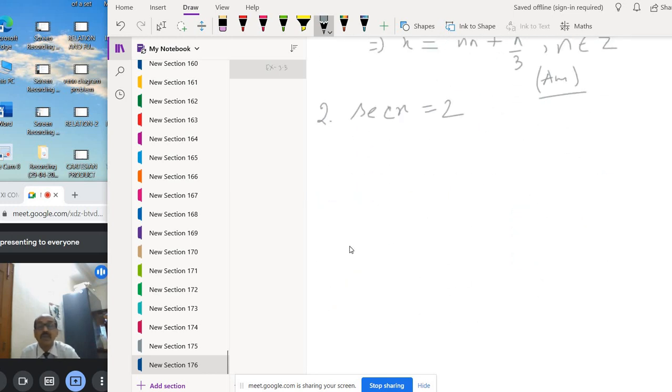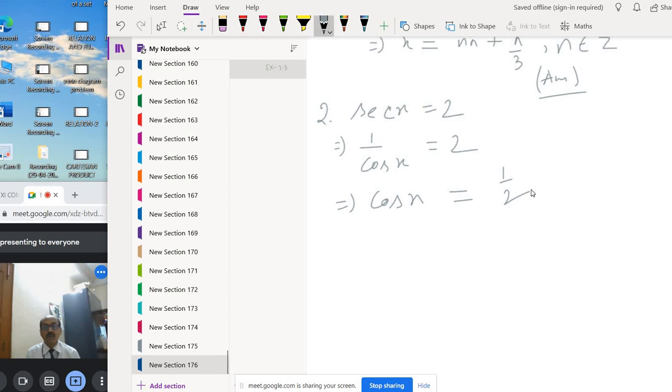So sec x means we can write sec x equal to 1 by cos x, equal to 2. Then, taking the reciprocal of both sides, cos x equal to 1 by 2.